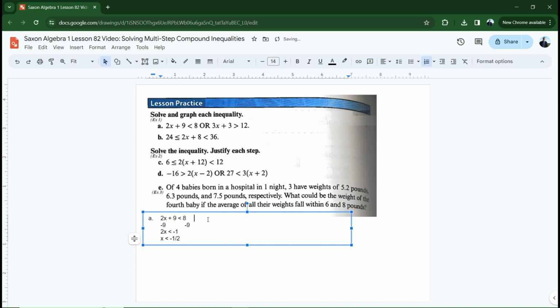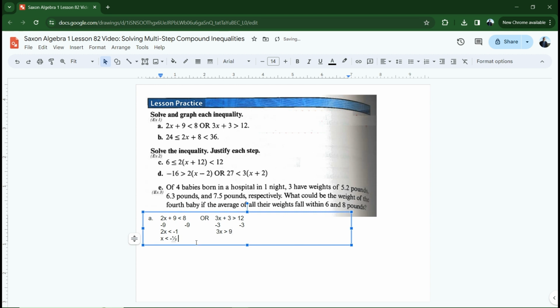But wait, there's more to this because there's an or statement here. I need to work the other inequality too. 3x plus 3 is greater than 12. For this one, I'm going to subtract 3 from both sides. That's going to give me 3x is greater than 9.